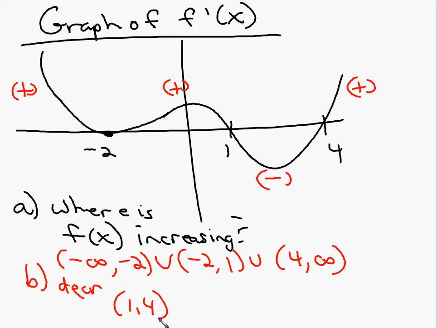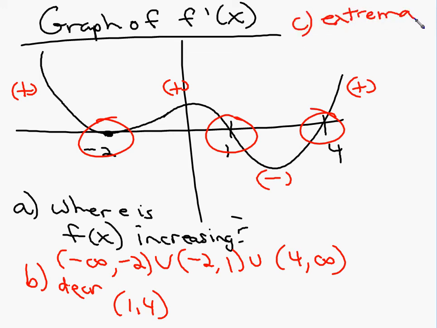Well, remember how we find those extrema. Don't we look for critical points first? Aren't there 3 critical points? Those are the 3 places where the derivative is equal to 0. So if I was looking for extrema, I really do have enough information here.